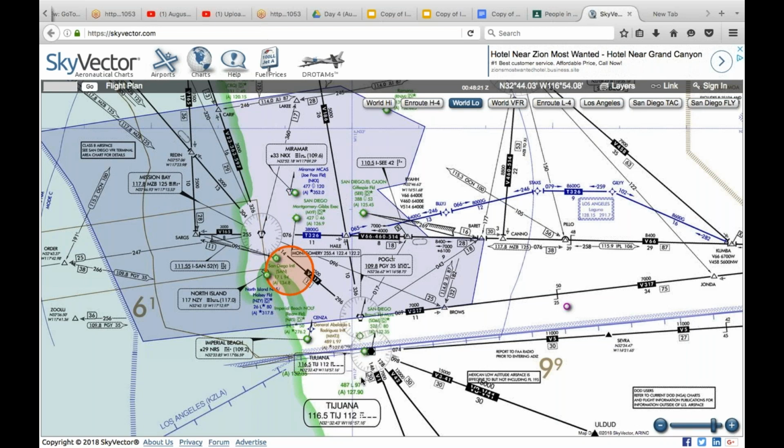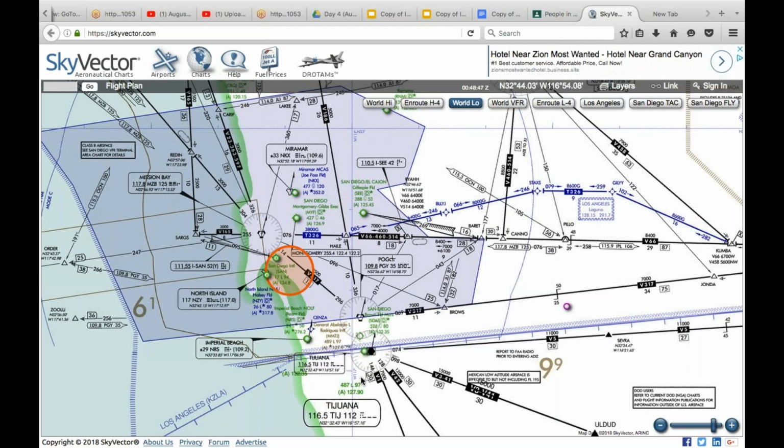Really, at the end of the day, it's going to be the pilot who has to determine whether it's something he's going to have to worry about, if it's VOR DME, or just a TACAN, or a VORTAC, or what exactly the station is. We don't necessarily care in our flight planning.